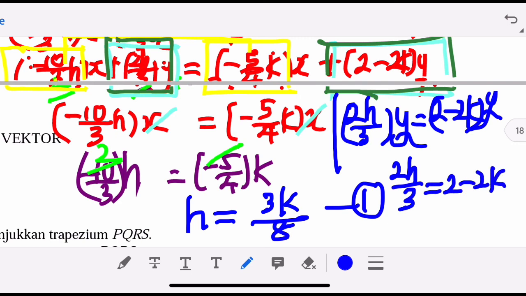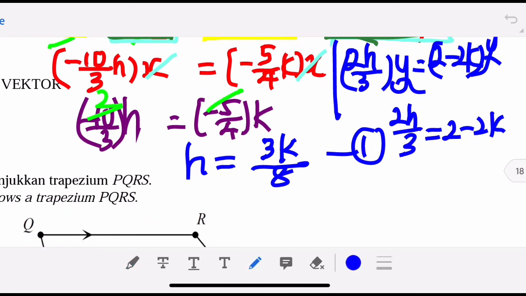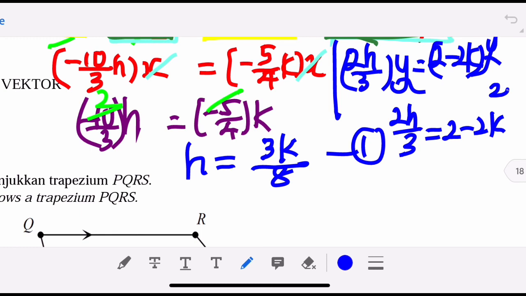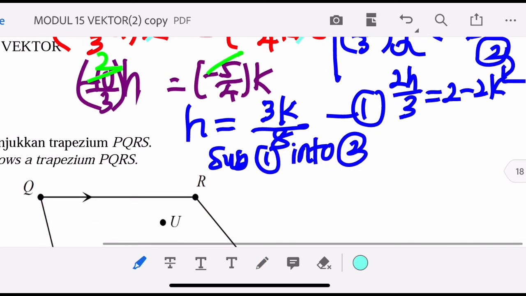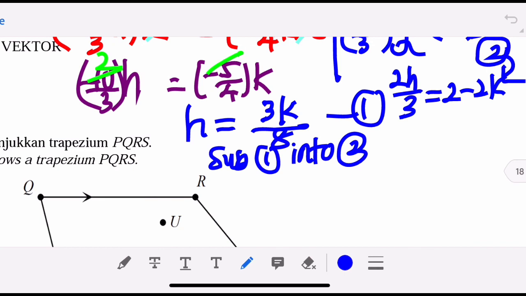So I prefer you to times the 3 to the right hand side, so it becomes 2h equal to 6 minus 6k, right? This is equation number 2, so I'm going to substitute 1 into 2.